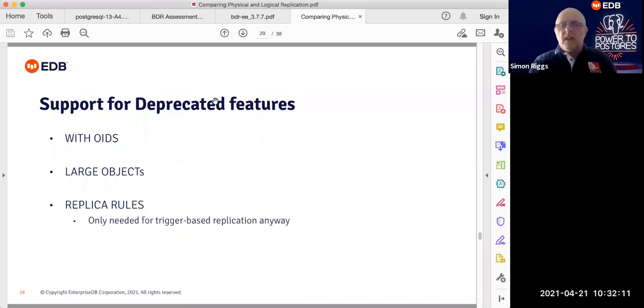Somebody else is asking, does BDR replace XDB? And both of those are EDB products. And yes, BDR is the strategic replication technology for EDB and does effectively replace XDB as a multi-master solution, but XDB does a number of things that BDR is not designed to do.